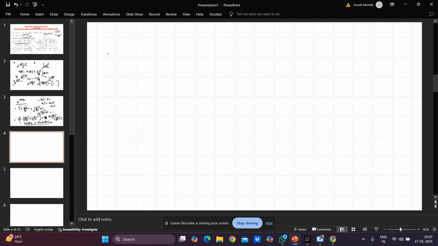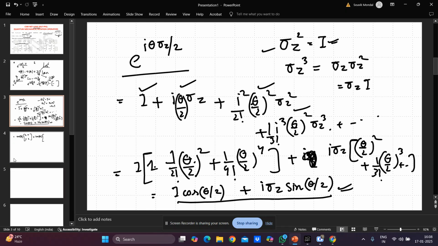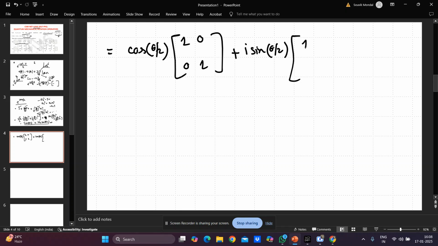Now just find the matrix form, that is cos theta by 2 into identity, that is 1 0 0 1, plus I into sine theta by 2, and that is sigma z, right? So sigma z is 1 0 0 minus 1.